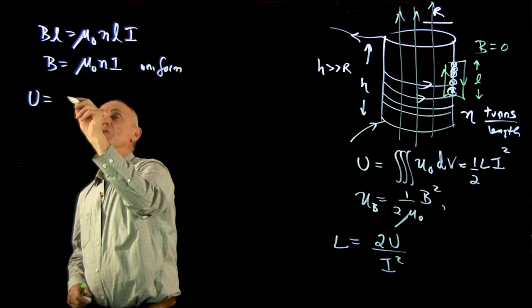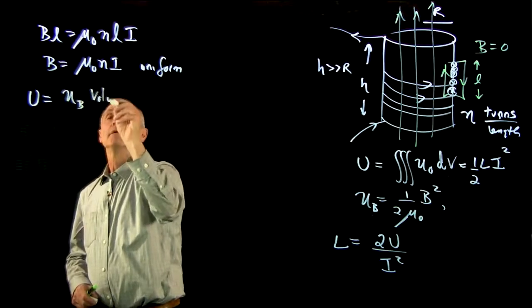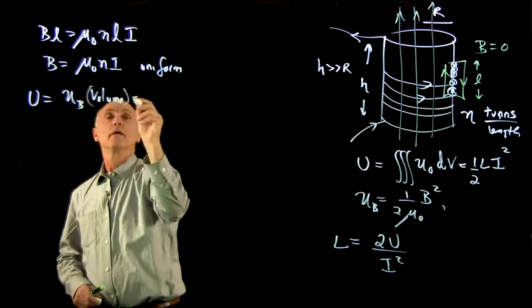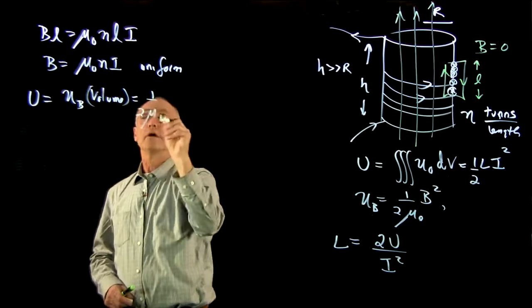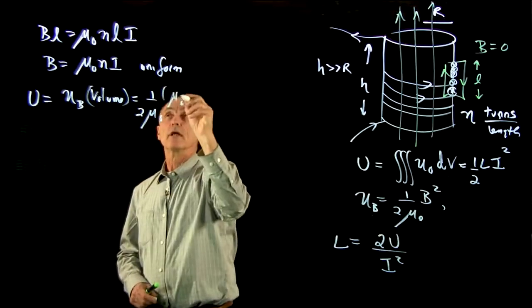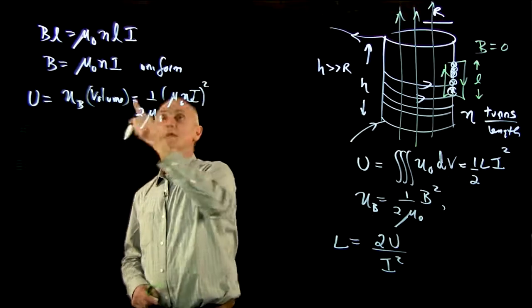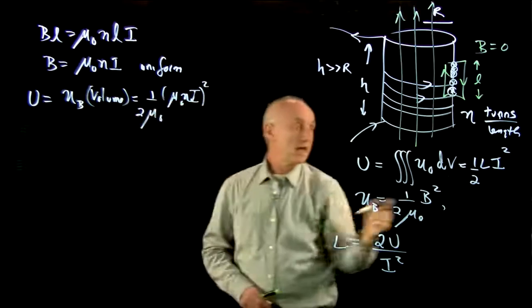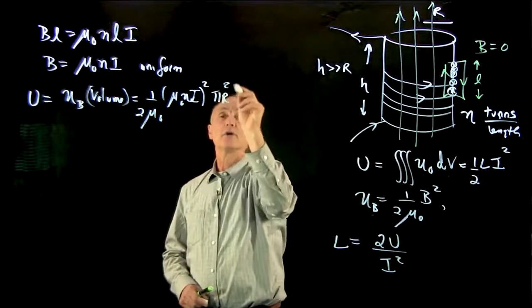is just equal to the energy density stored magnetically times the volume. So that's 1 over 2 mu naught times B squared. So there's a mu naught n I squared. That's our B squared. And the volume is just pi r squared times h.